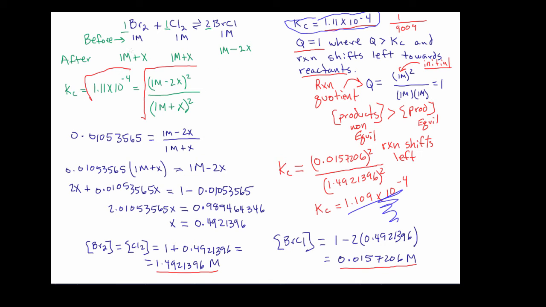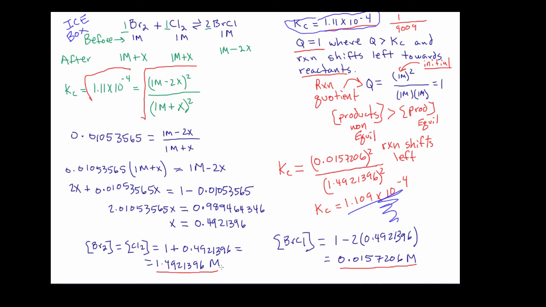Once you know which way the reaction is going to shift, you've got to build your ICE table, or I call it the box. All right, and build your equation, and then you set up your Kc like you have for all of the other problems that we've worked, and then hopefully you'll have some kind of trick that will allow you to reduce this to something manageable. If not, your only option is going to be to utilize the quadratic equation.